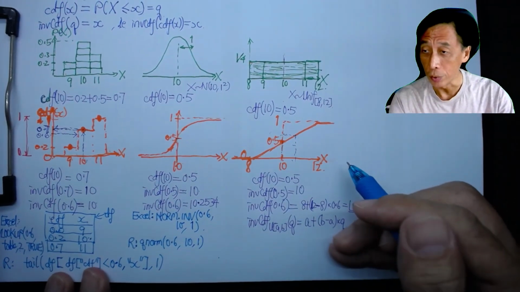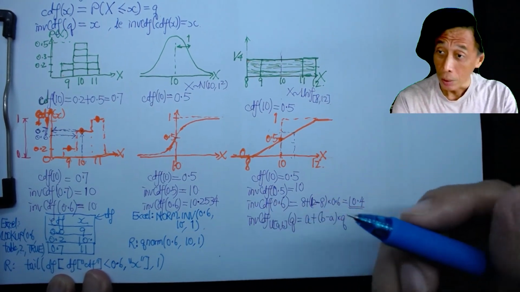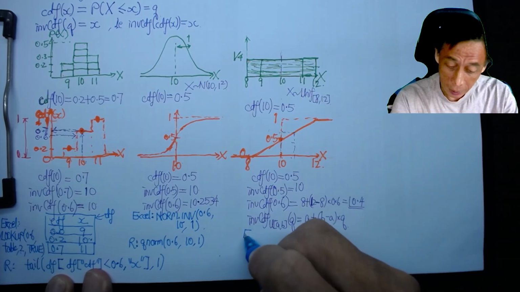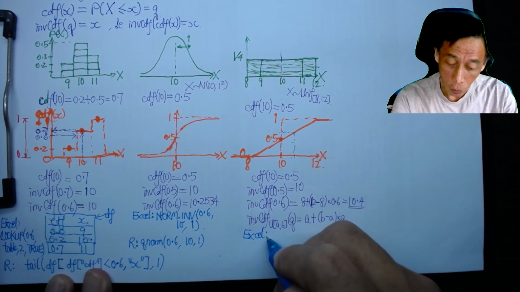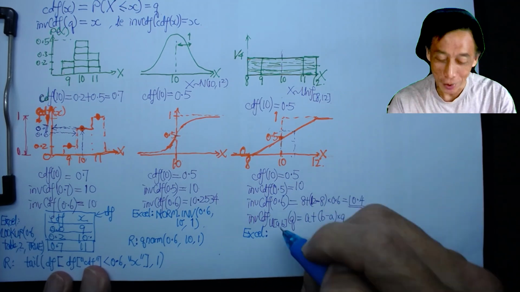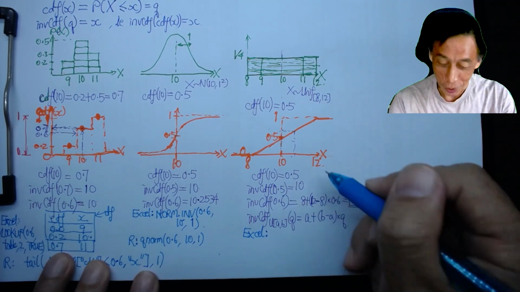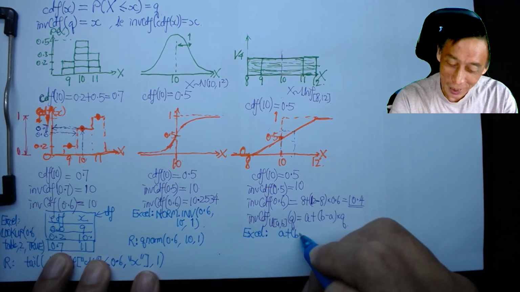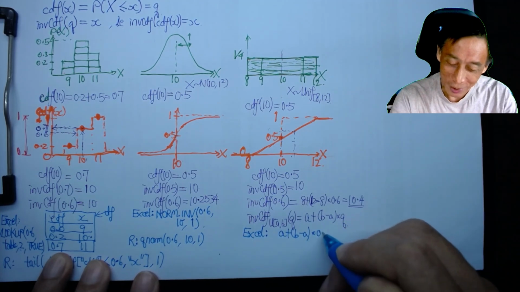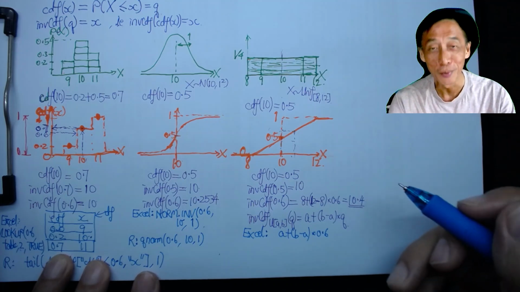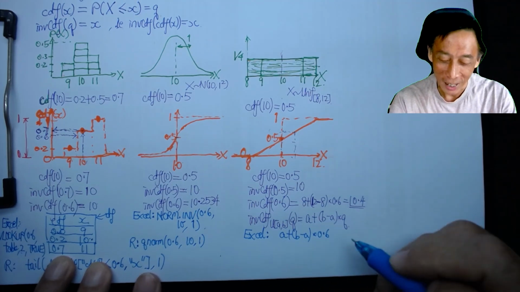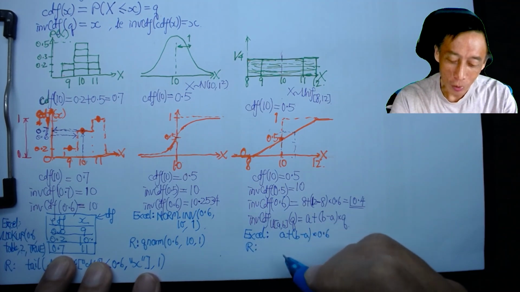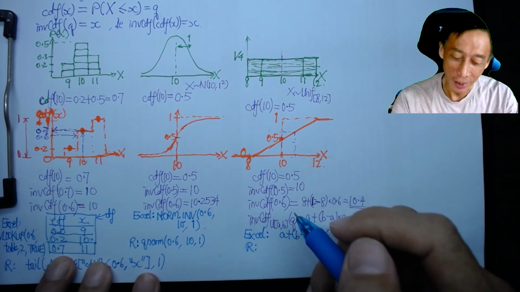For the uniform distribution, in Excel, there is no built-in function for that. So we just do what we need to do here, A plus (B minus A) times 0.6. And you replace 0.6 with any other value. And the A and B, they are the 8 and the 12 here. In R, you can use qunif, right?